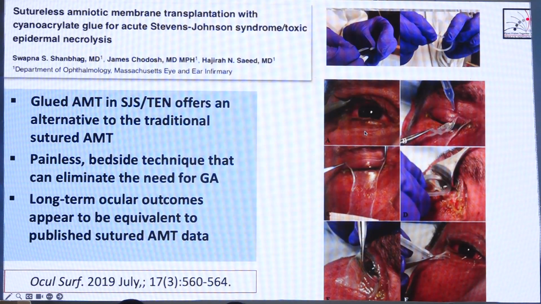This glued AMT is quite good and offers an alternative to the traditional sutured AMT, and it is a painless bedside technique that can eliminate the need for general anesthesia. And the long-term ocular outcome appears to be equivalent to published sutured AMT data.